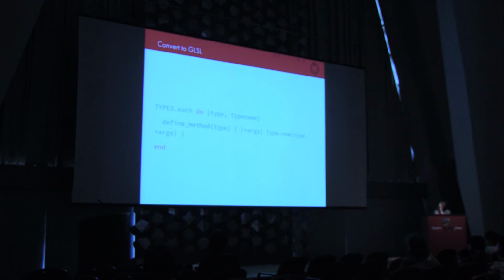One more detail is that my type saver should save the type method in Ruby and the type name in GLSL, because sometimes Ruby will convert the method name into lowercase, but GLSL uses uppercase. So we have to save the type name to prevent using the incorrect type.